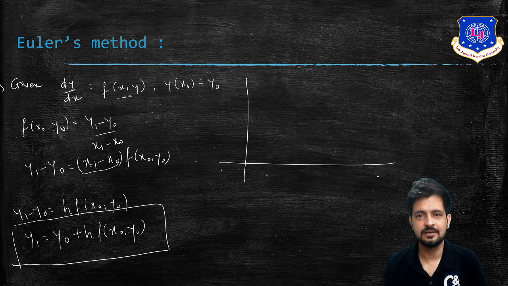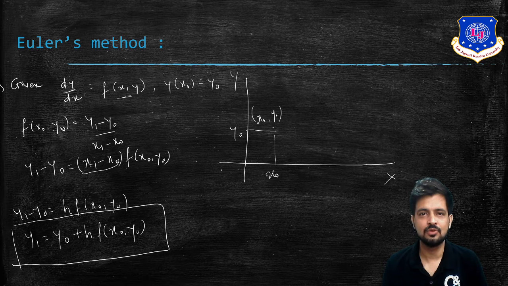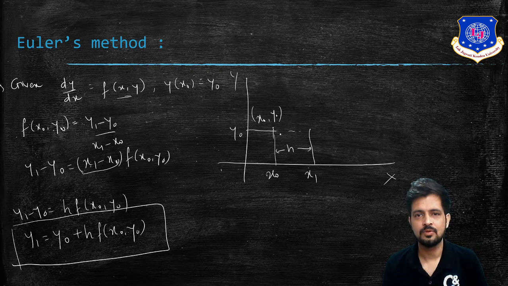Let us study that graphically. Here are the x-axis and y-axis, here x0, y0. This is our y0, this is our x0, so our point will be x0, y0. Here is my x1, this is my h, and I have to draw a tangent.